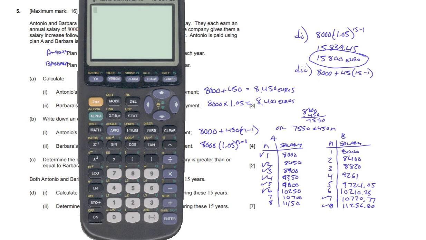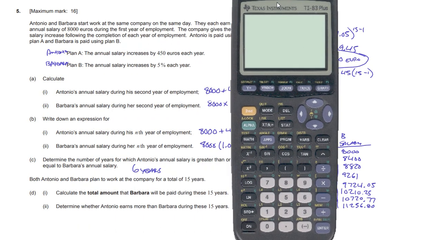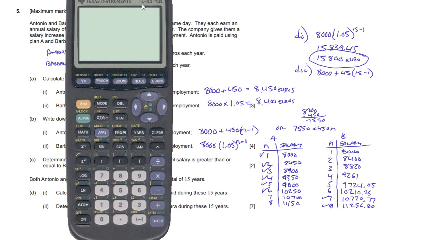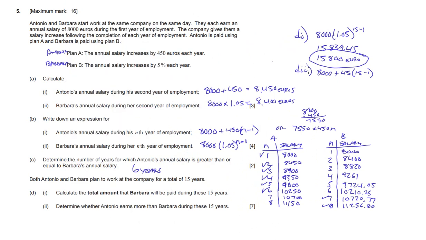Is this determined? Oh, the total amount. I got to back up because this was just how much she makes in the 15th year. Oops, that's not what I wanted to do. Let's go back here. This is all wrong. Sorry. Okay.